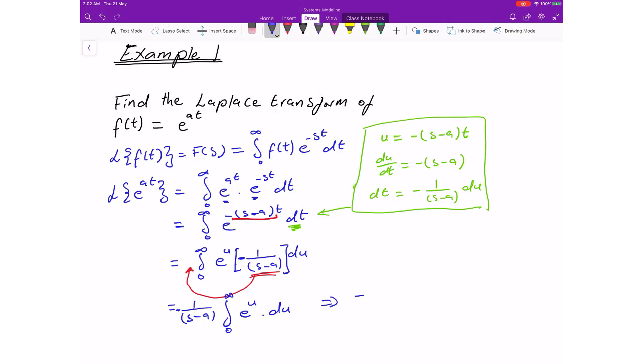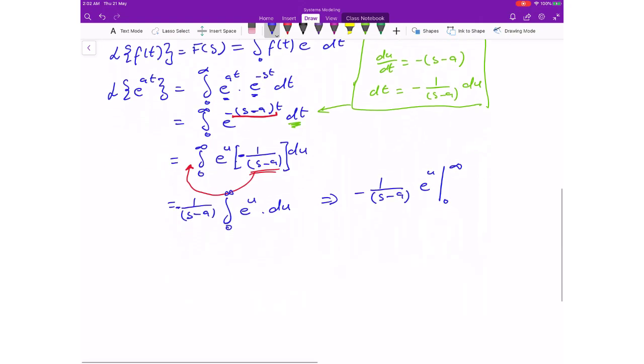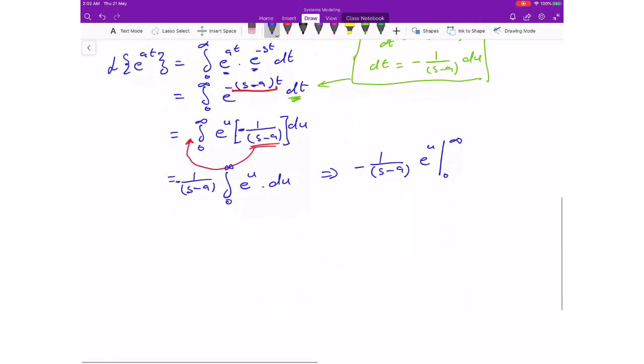So we have minus 1 over s minus a, e to the u, between 0 to infinity. That's what we are evaluating. Let me just move this up to here so that I have enough space.